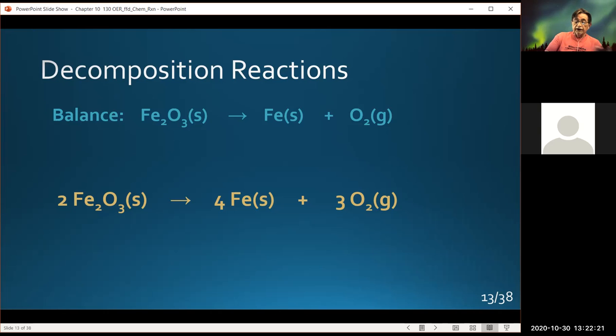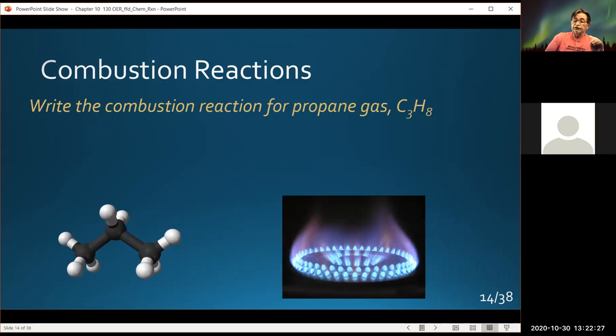Unfortunately, for these types of reactions, it's basically trial and error. However, when we get to combustion reactions, not so much. We have a little technique to tell you how to balance it. Here they're asking you to write a combustion reaction for propane gas, and they give you the formula. If you look at the formula, nothing but carbon and hydrogen, therefore a hydrocarbon.